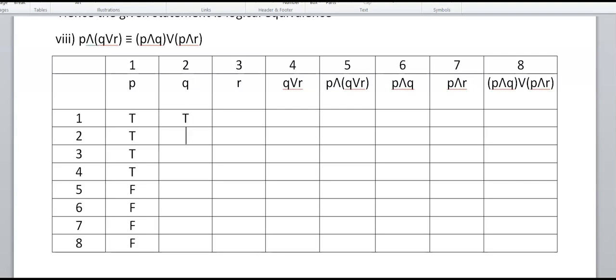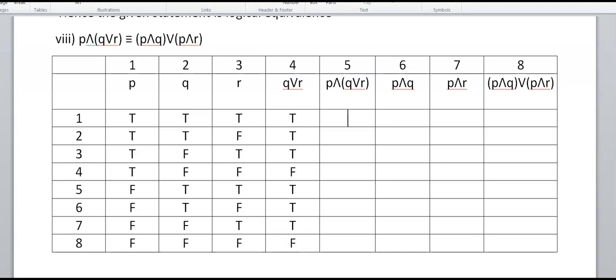Next is double T, double F, double T, double F. And here R is T, F, T, F, T, F, T, F. Now Q or R: T, T, T, F, T, T, T, and this is F.